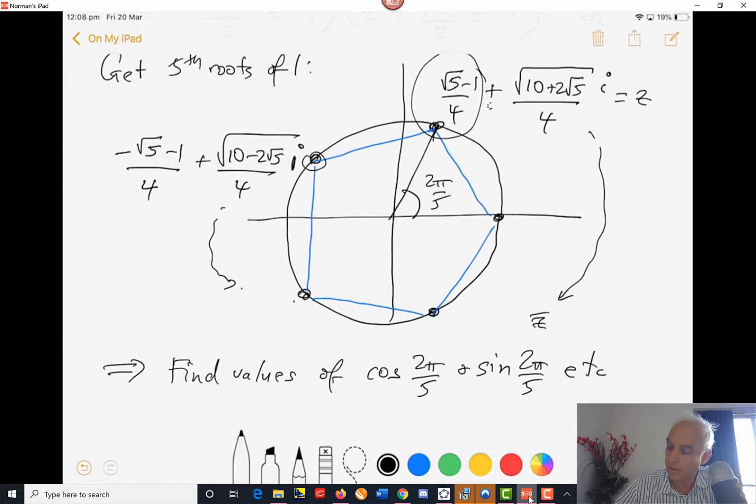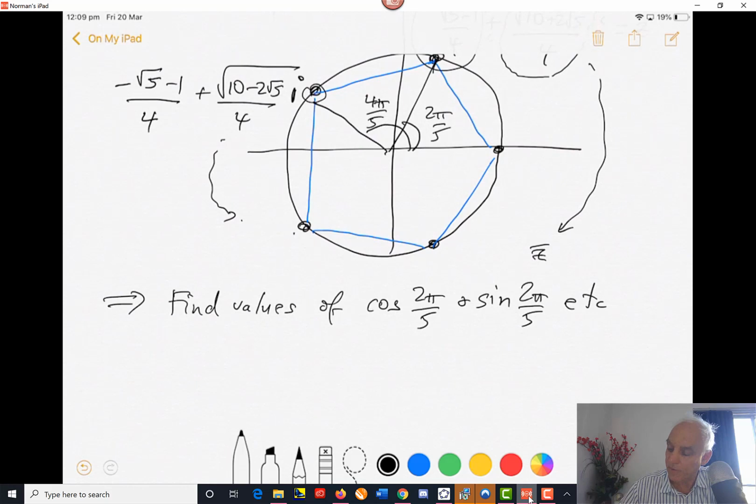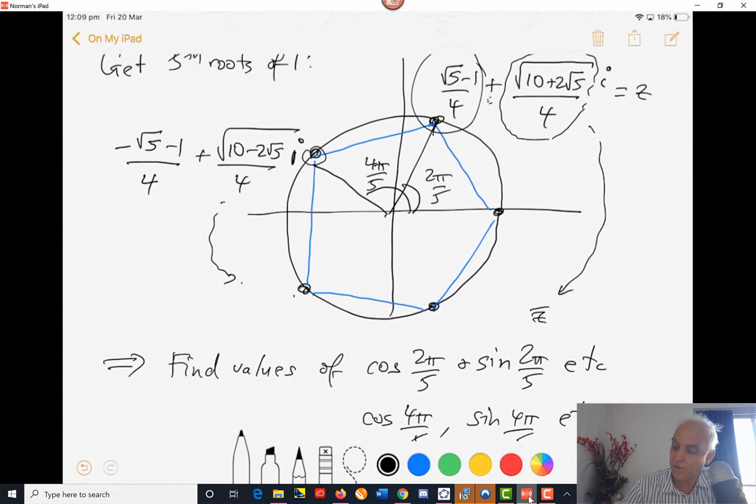That's going to be that thing there. And of course, we could also go a little bit further, and if we wanted to find this angle here, that's going to be 4 pi on 5. So we could also get values of cosine of 4 pi on 5 and sine of 4 pi on 5. They're going to be these values here and here.